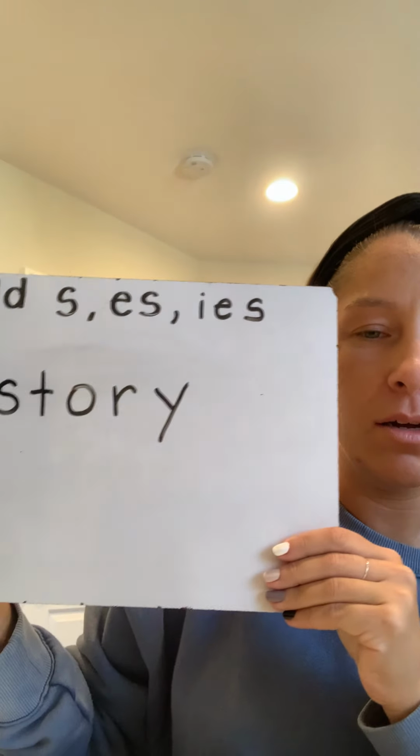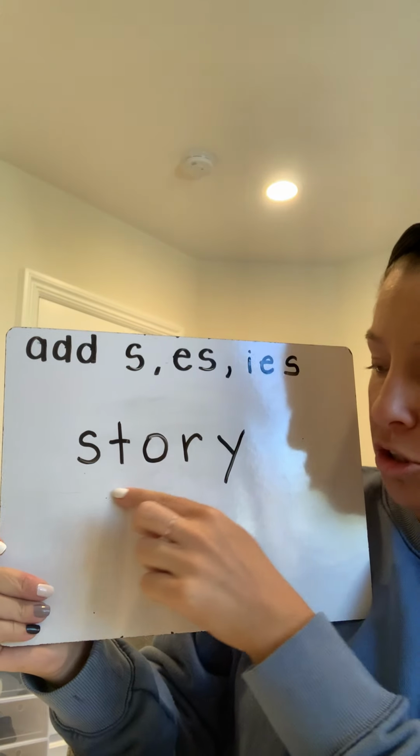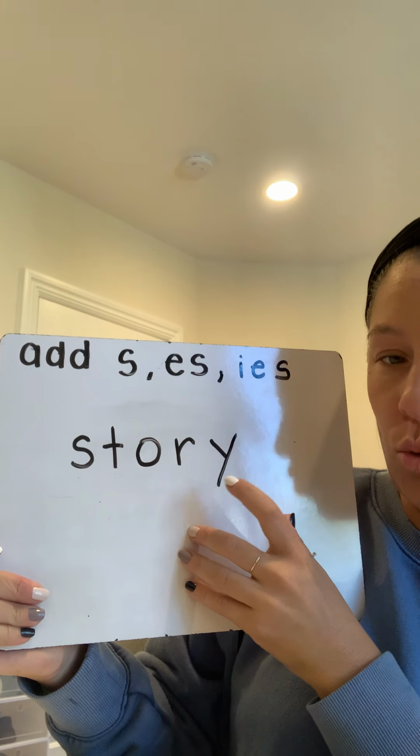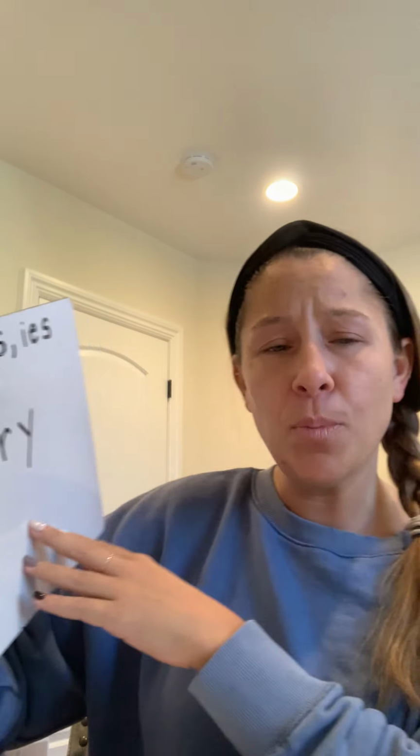Okay? So one of our spelling words, for example, is the word story. I want everybody looking at my board. Now we can see that the word story ends in Y. Okay? Now you're probably thinking, why can't I just add an S to that? Well, you can't.